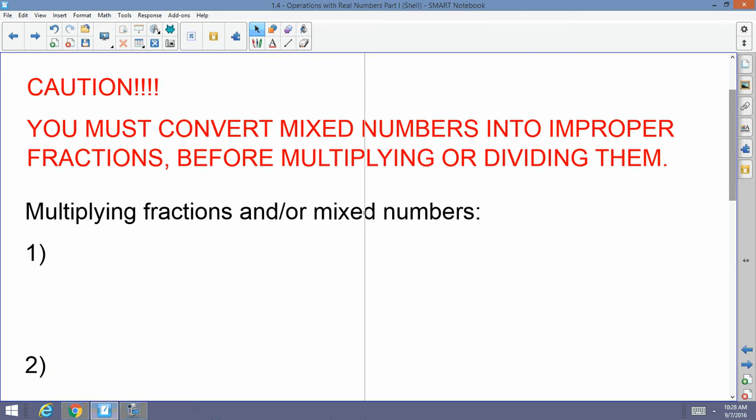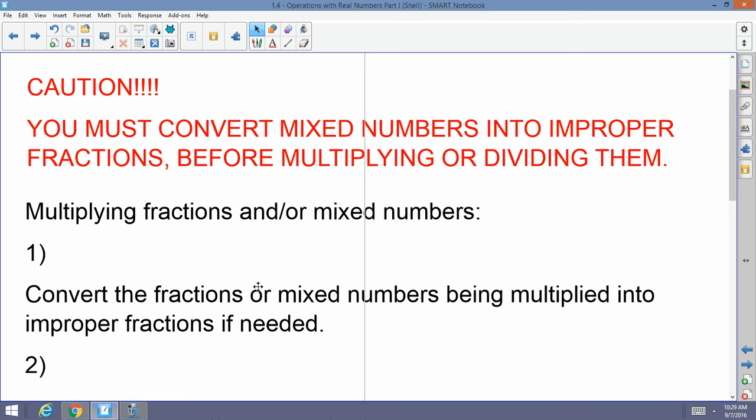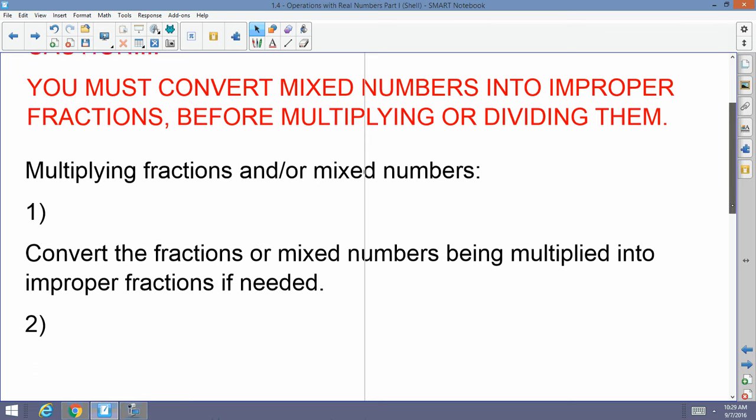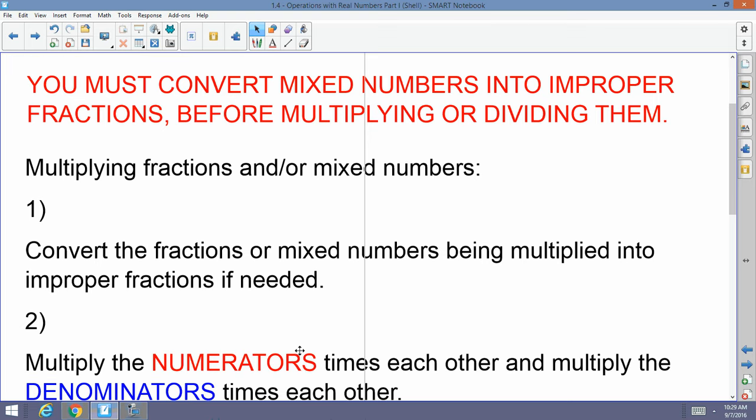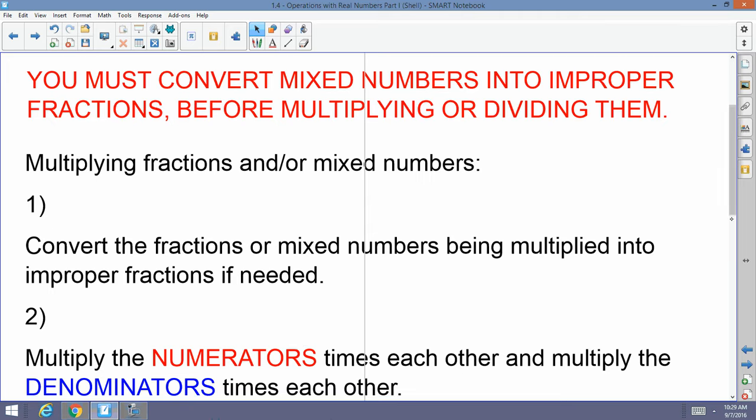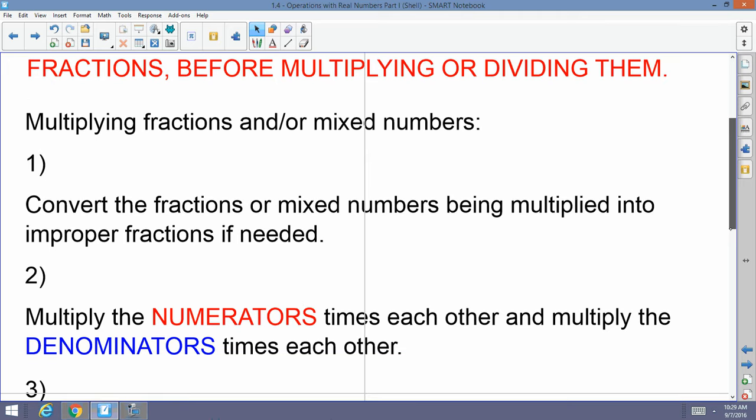For multiplying fractions and or mixed numbers, number one, surprise, surprise, convert the fractions or mixed numbers being multiplied into improper fractions if needed. So if you have mixed numbers, convert them into improper fractions. Easy enough. Step two, we're going to multiply the numerators times each other and multiply the denominators times each other.